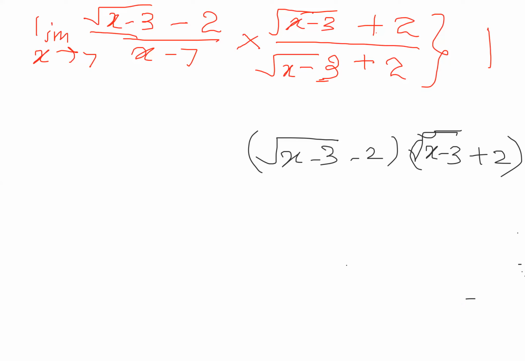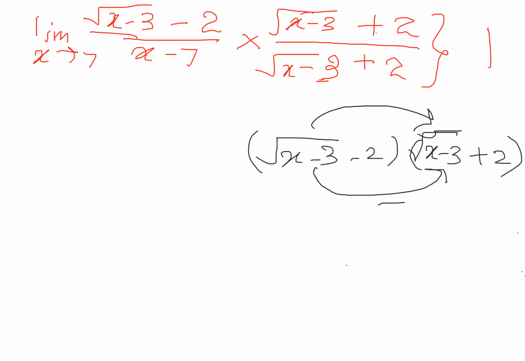So if I have two brackets, when I want to remove those brackets, I multiply the first bracket's first term with the second bracket's first term. That is my first term. And the second term we get by multiplying the first bracket's first term with the second bracket's second term.